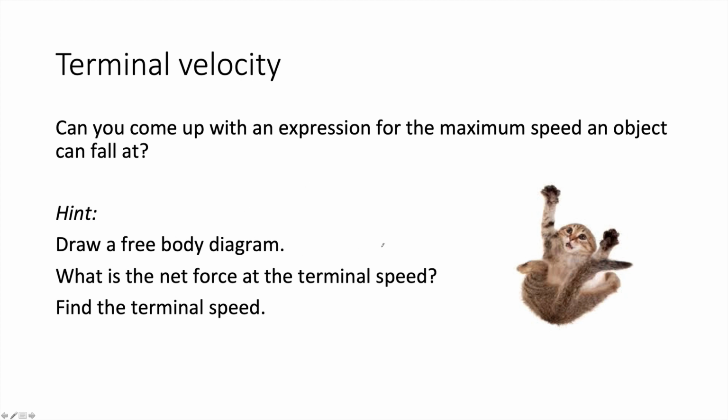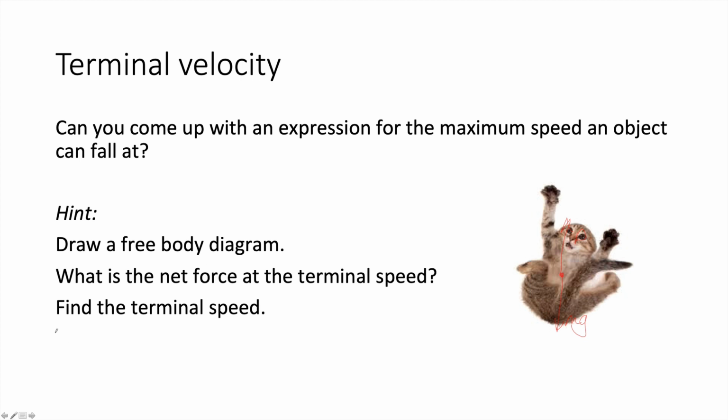Okay, so if we want to work out the terminal speed of a cat like this, we need to draw a free body diagram. So we've got the weight force, which is pulling it down, and we've got the drag force, which is pulling it up. Now, it's going to stop accelerating when these two things are equal to each other.